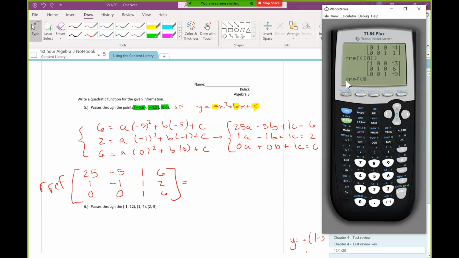And now we just need to go back and retrieve that matrix that we just wrote. So we'll go back to the matrix menu, second, and x to the negative 1. And then from the Names tab, I'm going to select this matrix A that I just edited, close my parenthesis, and press enter.